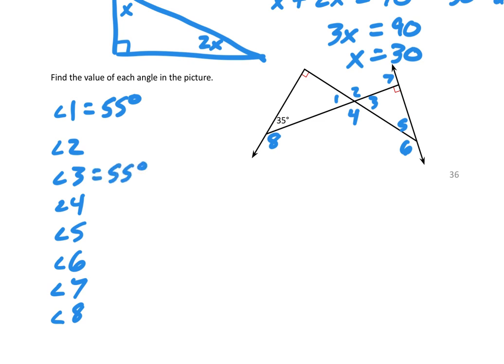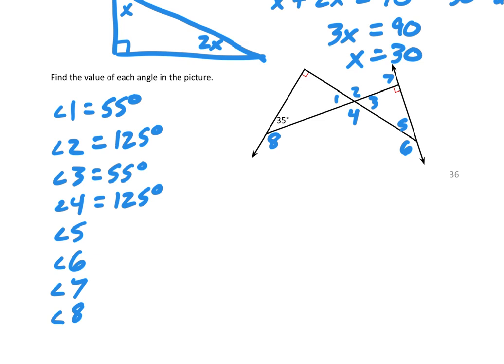What kind of relationship would 2 and 3 have? Supplementary. Good. So 180 minus 55: 125. And if angle 2 is 125, then what's angle 4 got to be? 125. Those are also vertical angles.